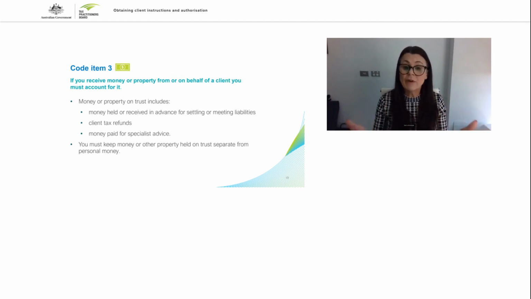You must maintain records for all money or property held on trust, and you must comply with all laws and regulations relating to the custody and accounting for assets. And importantly, only disperse money or other property held on trust in accordance with express client instructions or as a requirement by law. You should pass on refund monies to your clients promptly.